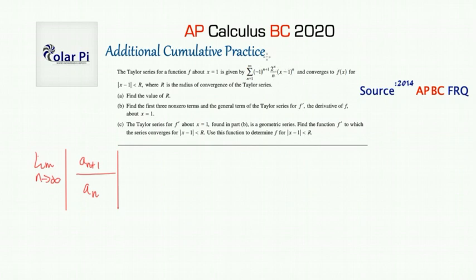The ratio test can be used on similar series that don't have x's in them. But if they have x's in them, the question is usually about radius and interval of convergence.